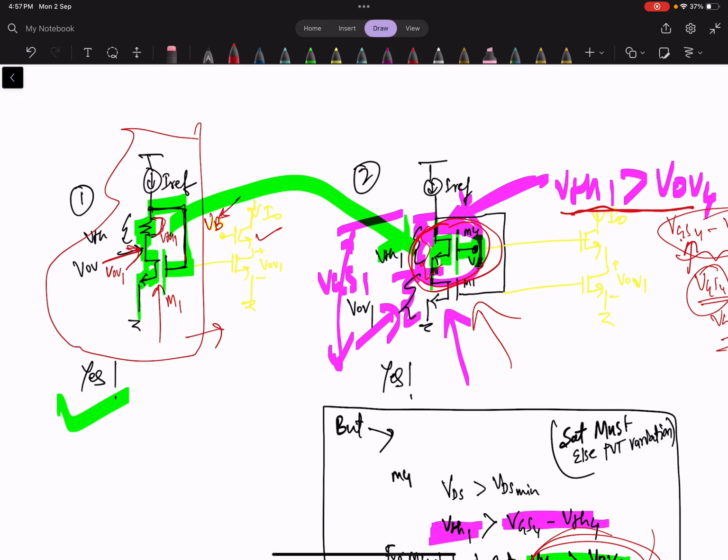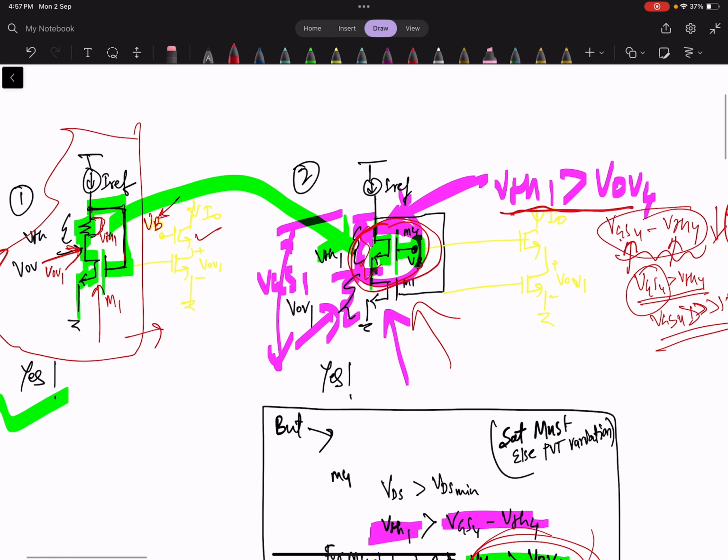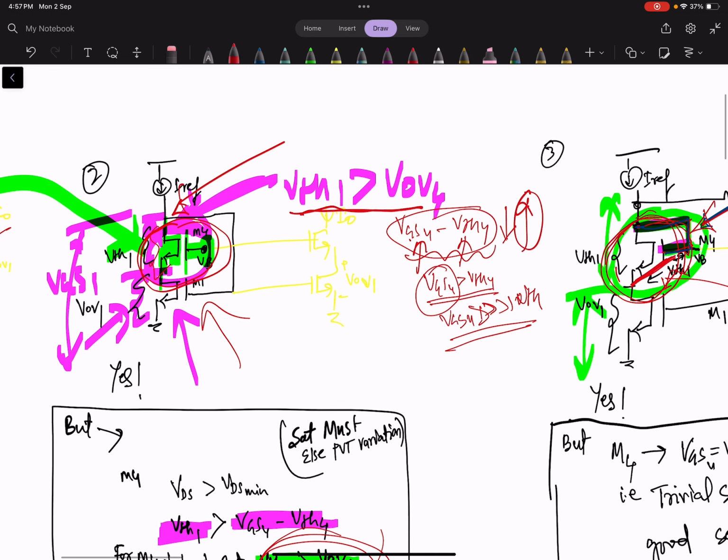this was the very basic cascode current mirror reference circuit. We replace this with a MOSFET, but here we needed a VB voltage, another circuit to generate VB, because the middle MOS is not diode connected.